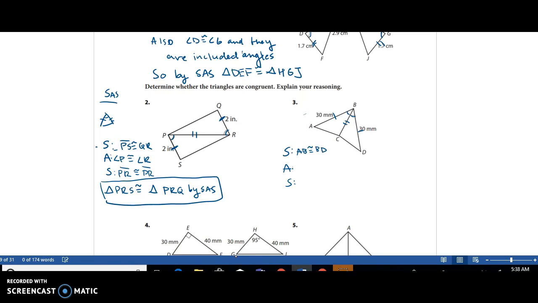The angle that's congruent, let's use 3 letters on this one: angle ABC is congruent to angle DBC. And then the other side, BC is congruent to BC. Triangle ABC is congruent to triangle DBC by SAS.